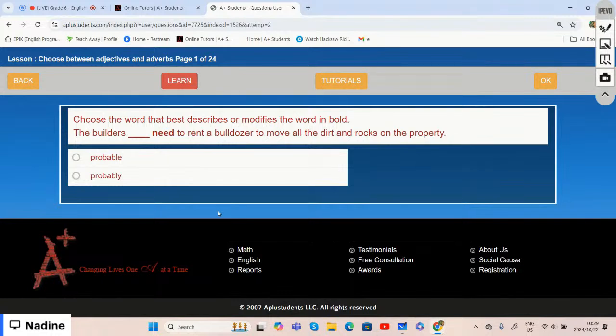Option one, probable, or option two, probably?